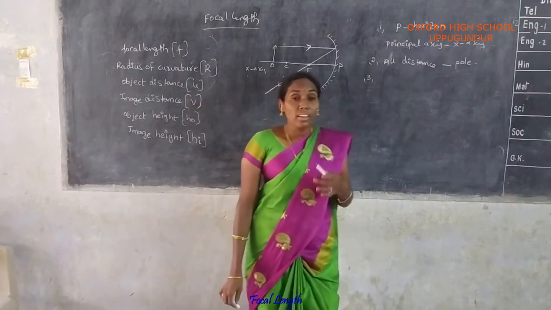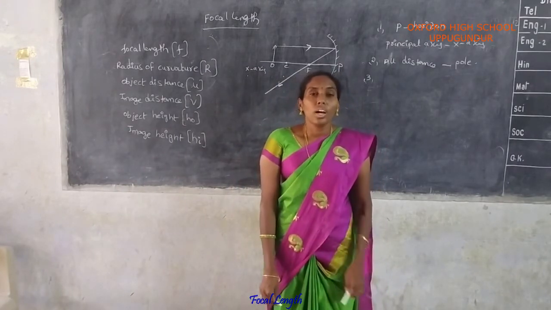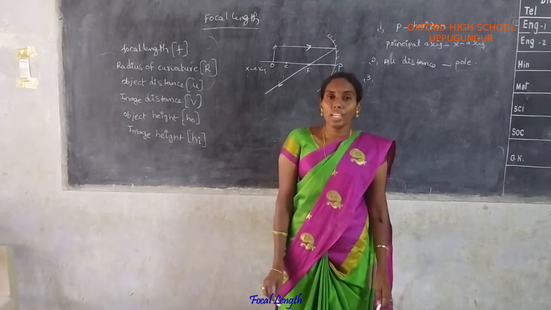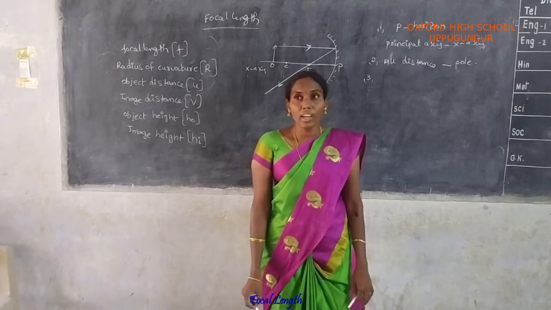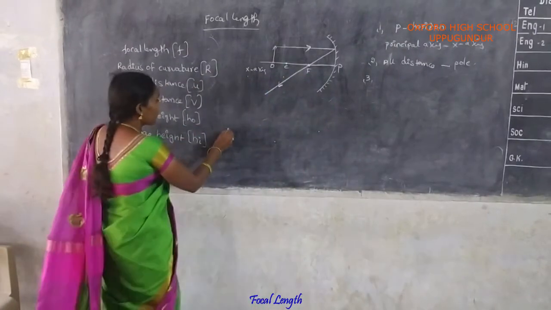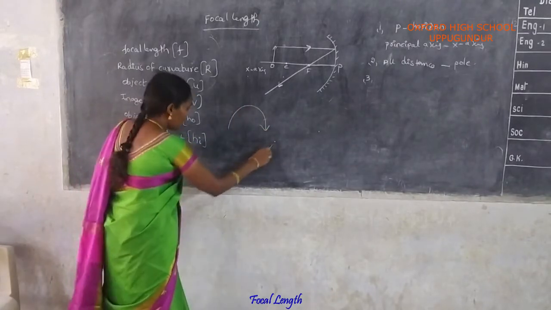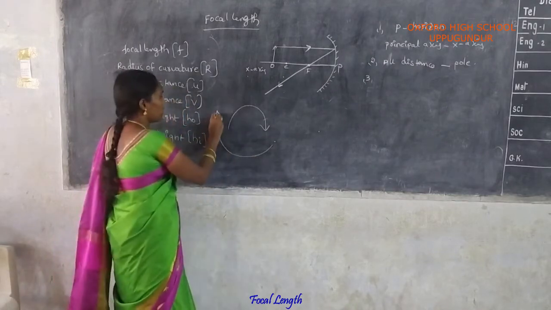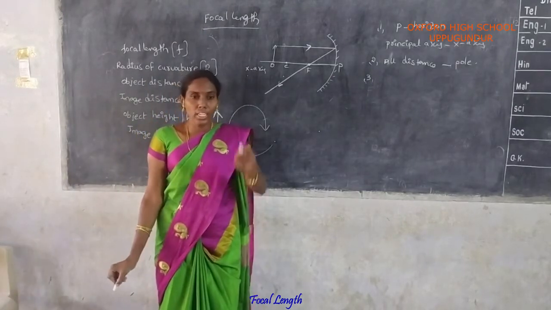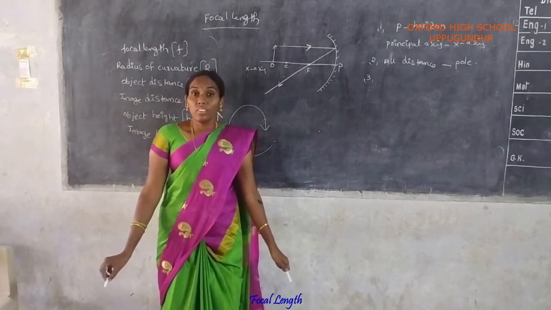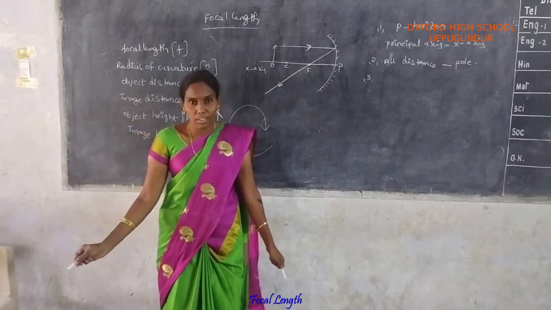Third one, the angles measured in the anti-clockwise direction should be taken as positive and the clockwise direction should be taken as negative. The angles should be measured here, clockwise and anti-clockwise. This is for the clockwise direction, and this is for the anti-clockwise direction. Angles measured from the pole in the clockwise direction are to be taken as negative.